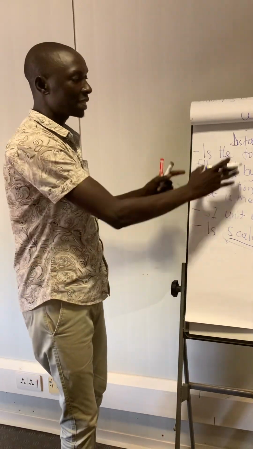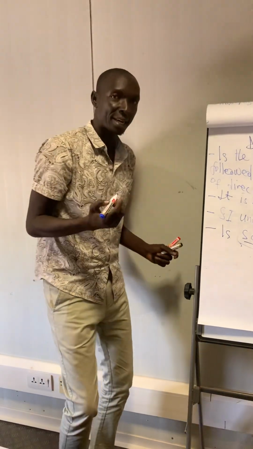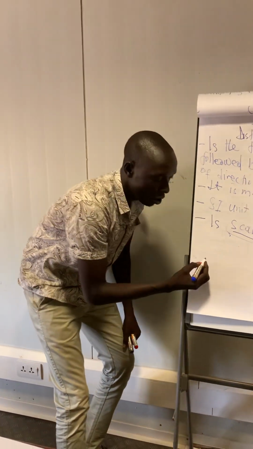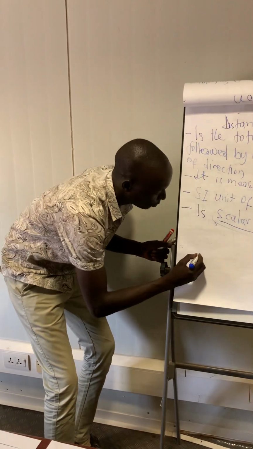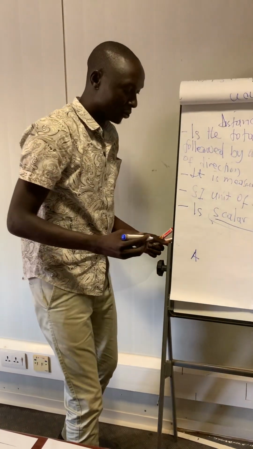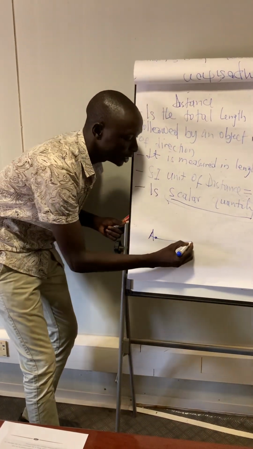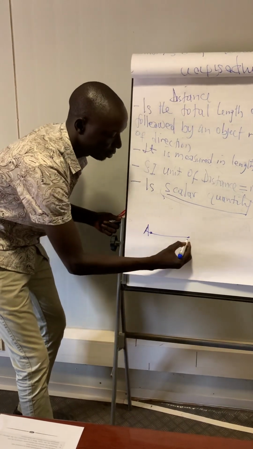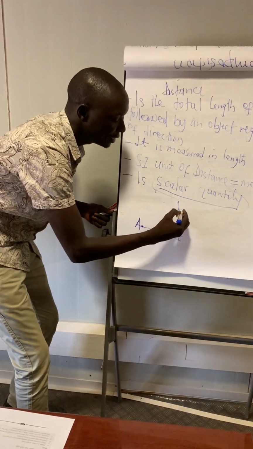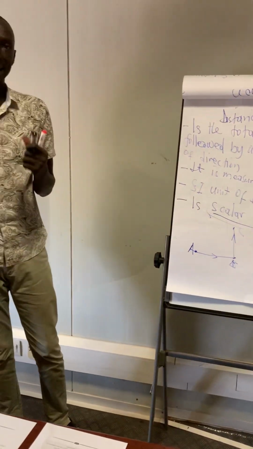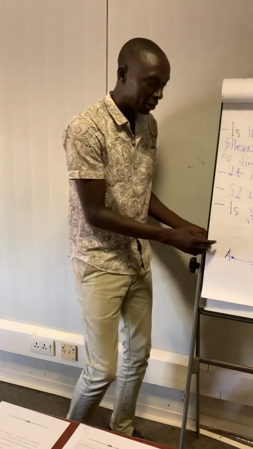For you to understand more about distance, I just want us to take an example. Assuming that you want to go from point A, and you are going east to point B, and then north to point C. Your intention was to go to point C, but to get there, you are following this path.